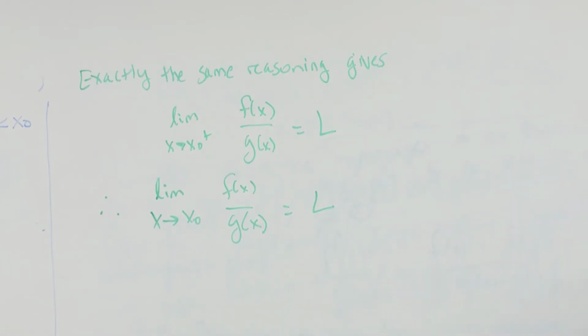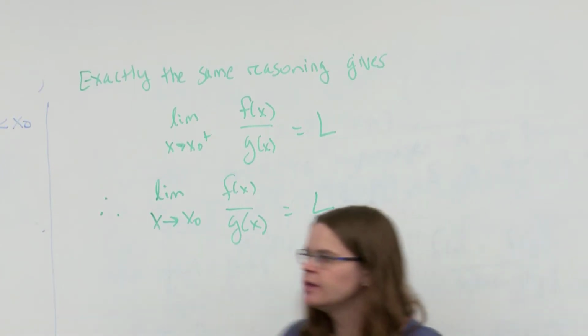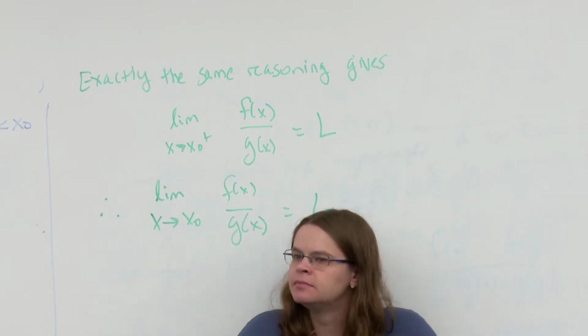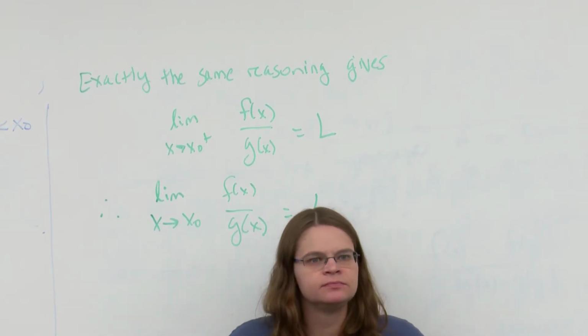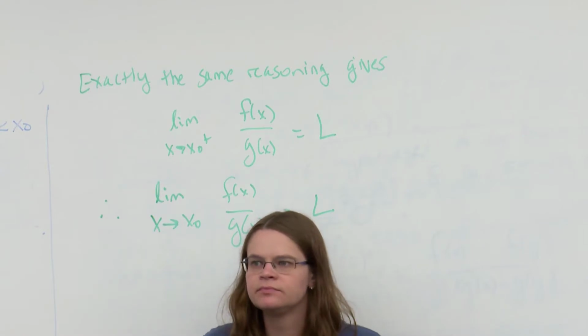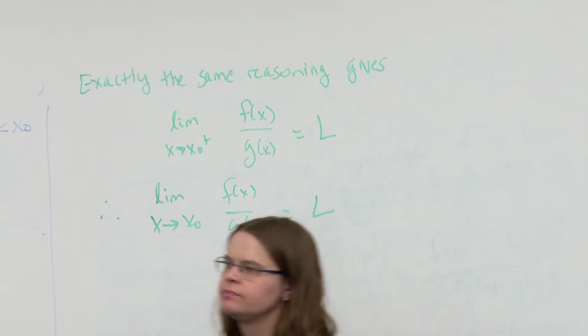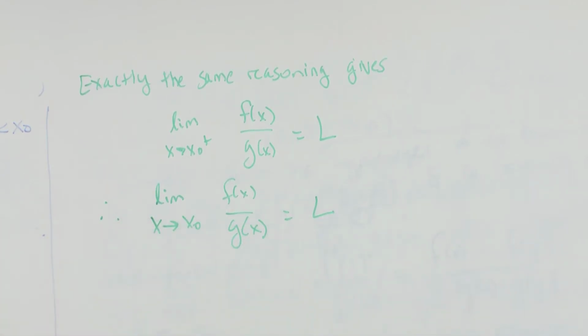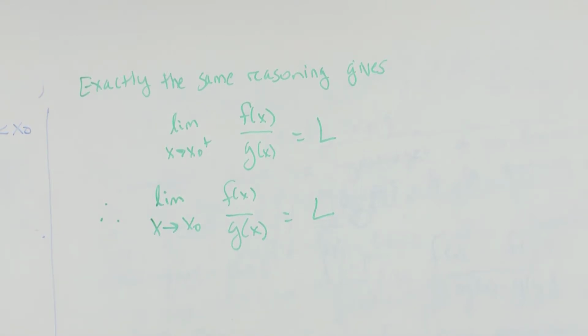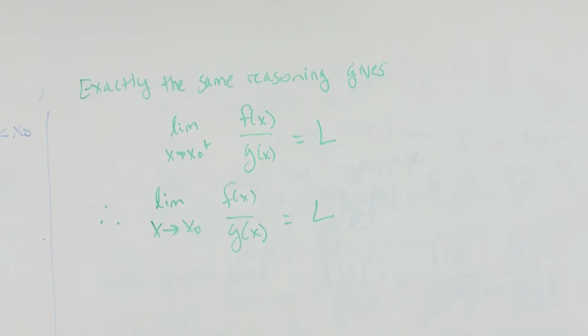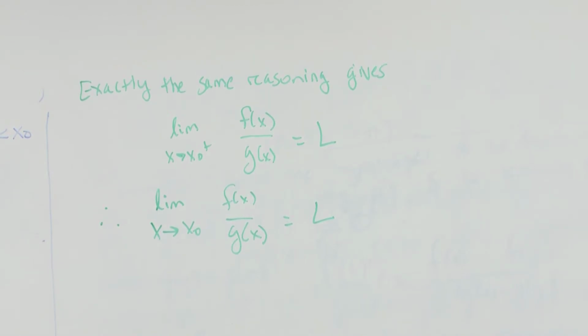Any questions there? So the proof is a little bit longer, but it uses the tools that we're building up. And obviously it's a powerful way of letting us evaluate complicated limits relatively easily, without having to go back to the definition of the limit every time with complicated functions.